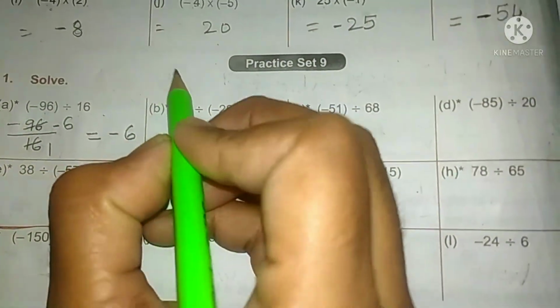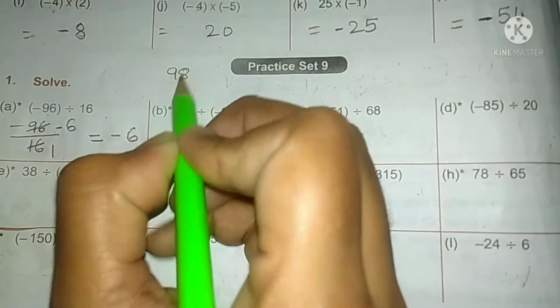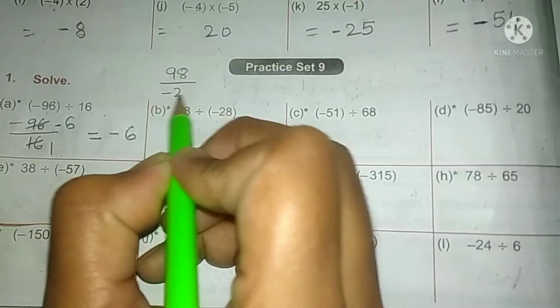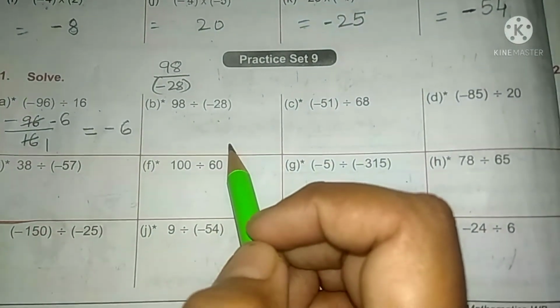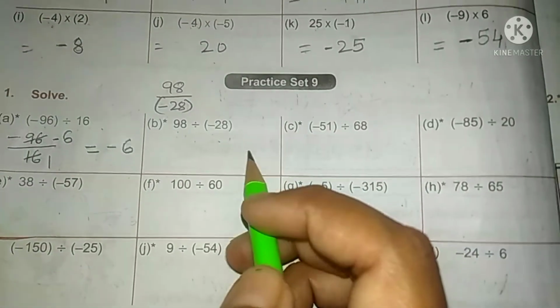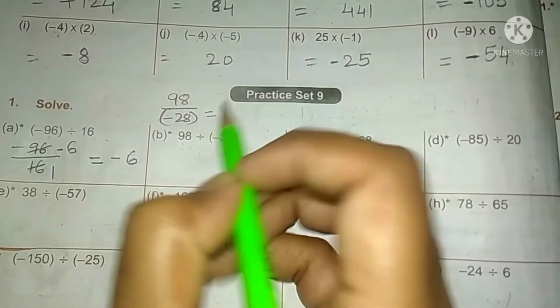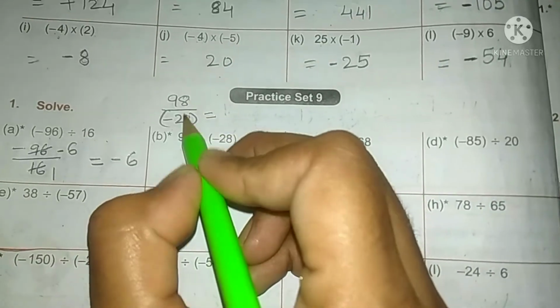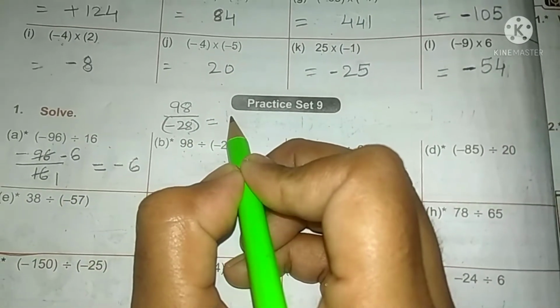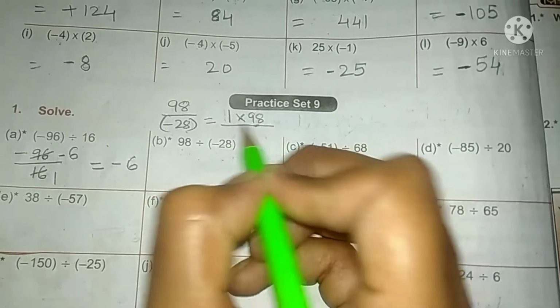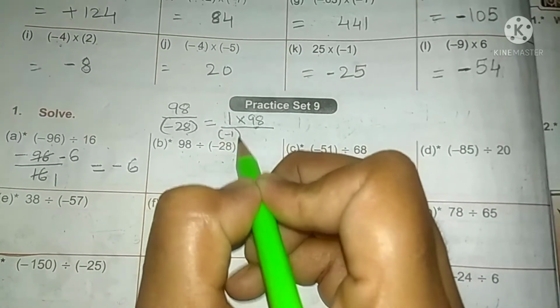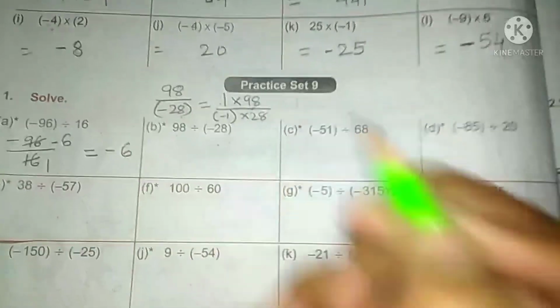See, I am solving over here. 98 upon minus 28 is given. We have to make our denominator positive, so we will multiply both the numerator and denominator by minus 1. 98 upon minus 28 is equal to minus 1 multiplied by 98 upon minus 1 multiplied by minus 28.